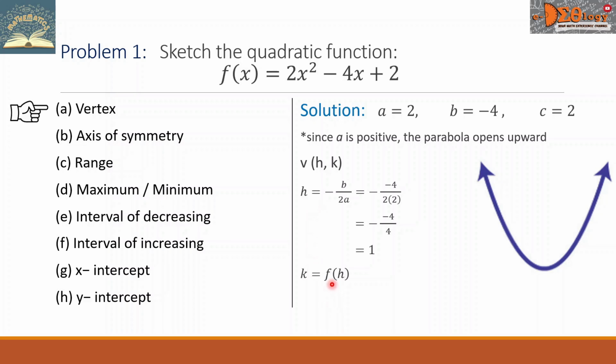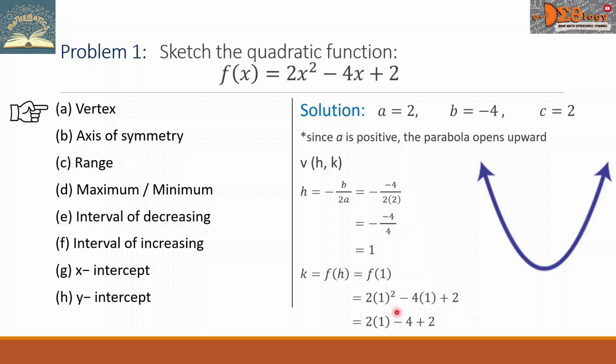This is given as f of h. We get the h value as 1. So we evaluate f of 1. Our function f of x is here. So f of 1 is 2 times 1 squared minus 4 times 1 plus 2.